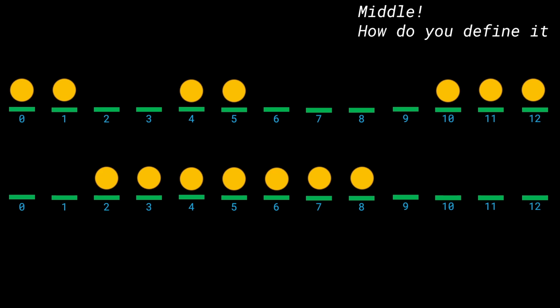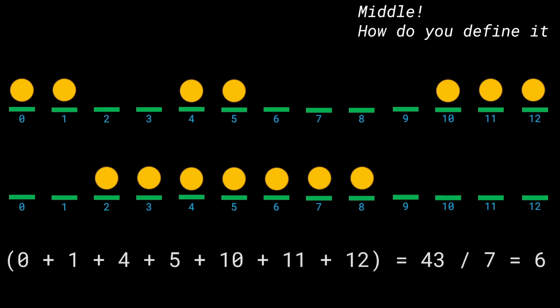Well, let's go ahead and assume that mean is going to give us the answer. So what we'll do is we'll take all of these indices of the people, sum them all up together and divide it correctly. We have 43 as a total divided by the 7 people that are there. And so the mean comes out to 6.